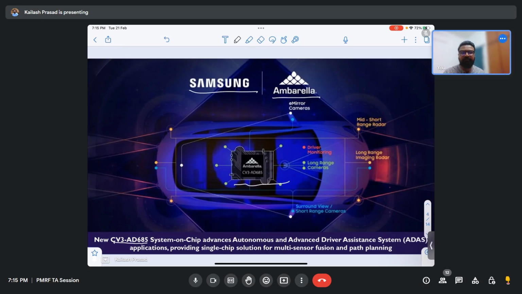Because a self-driving car will have such a system, Samsung will provide a single chip solution for multi-sensor fusion and path planning. It means whatever decision is taken will be taken by this chip, and this chip will be fabricated in Samsung 5 nanometer.